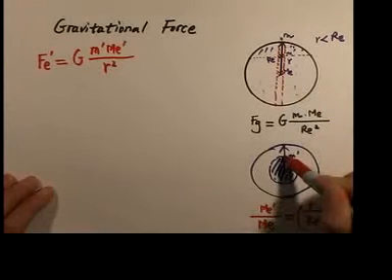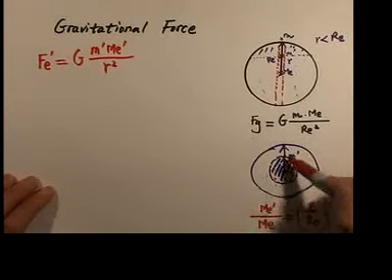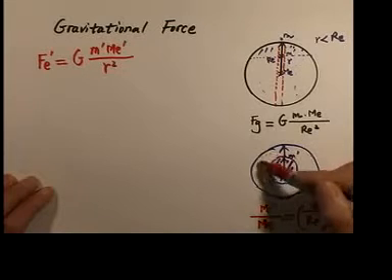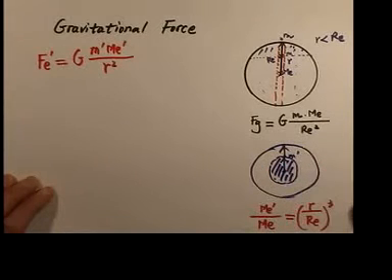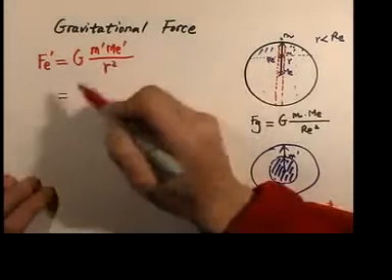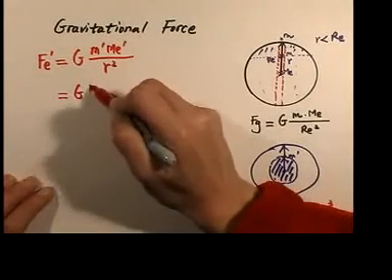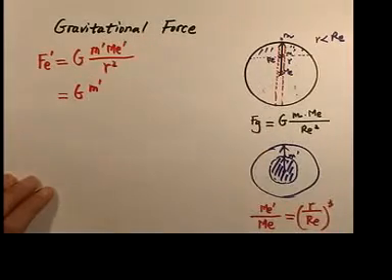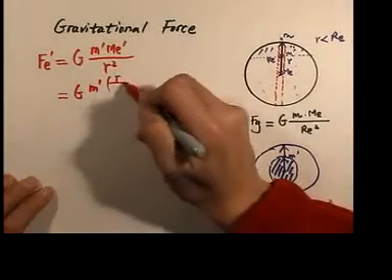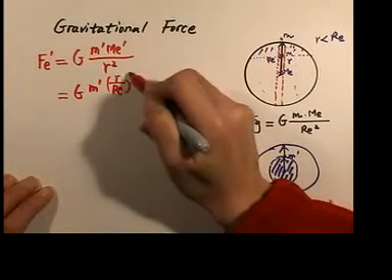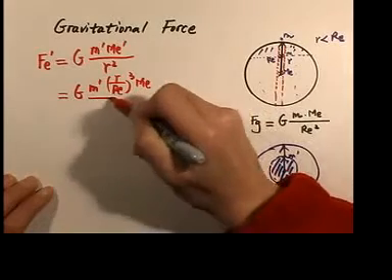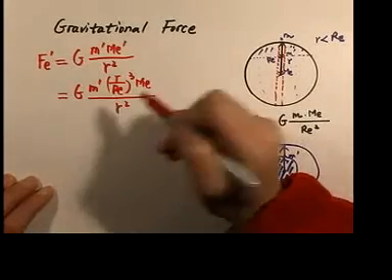The gravitational force actually comes from this core; the outer layer's force cancels out. So if we plug in what we have for M_E prime, that is little r over R_E cubed times the mass of the Earth, divided by r squared.